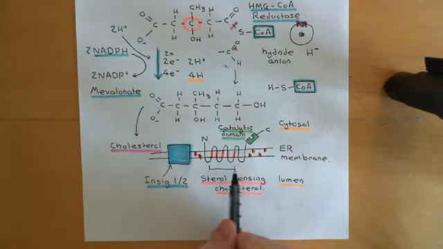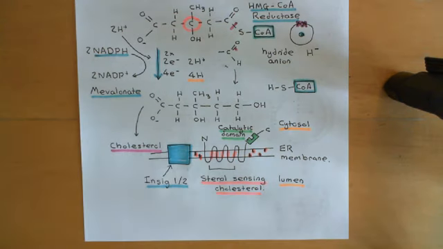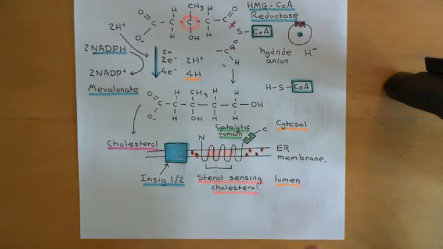So when cholesterol is too high within the cell, you switch off synthesis of cholesterol by destroying your HMG-CoA reductase enzymes, which are in the ER membrane. That's the way of shutting down cholesterol biosynthesis when cholesterol in the cell is too high.